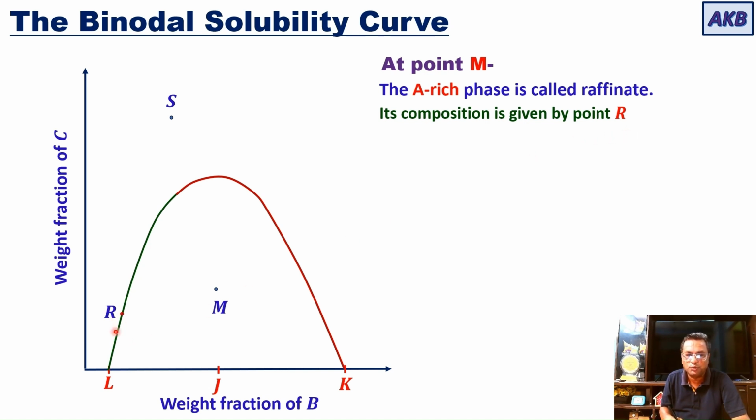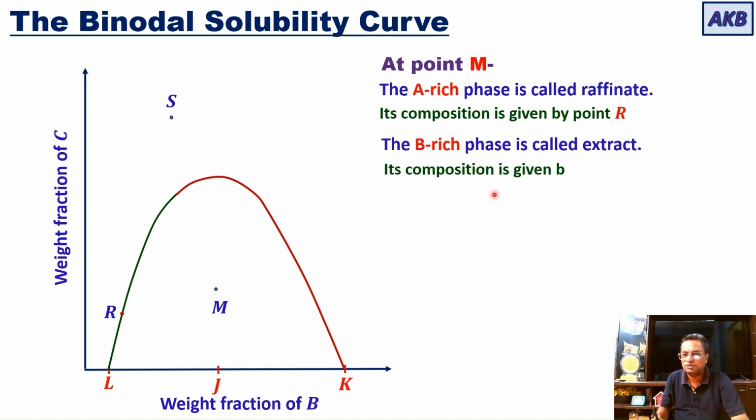This is point R. So point R gives the composition of the A rich phase that is present at point M. Then the B rich phase, which we call the extract phase, has its composition given by point E, which I am showing over here. So point E gives the composition of the B rich phase, which is the extract phase that is represented by point M.